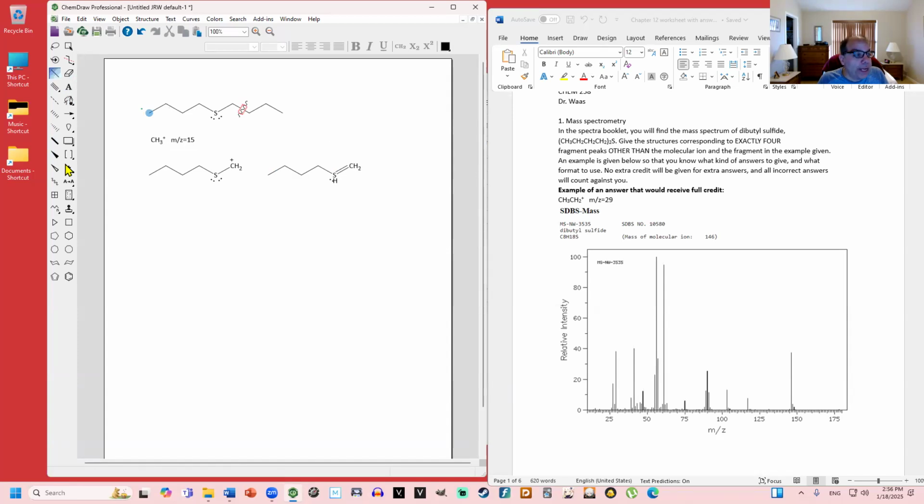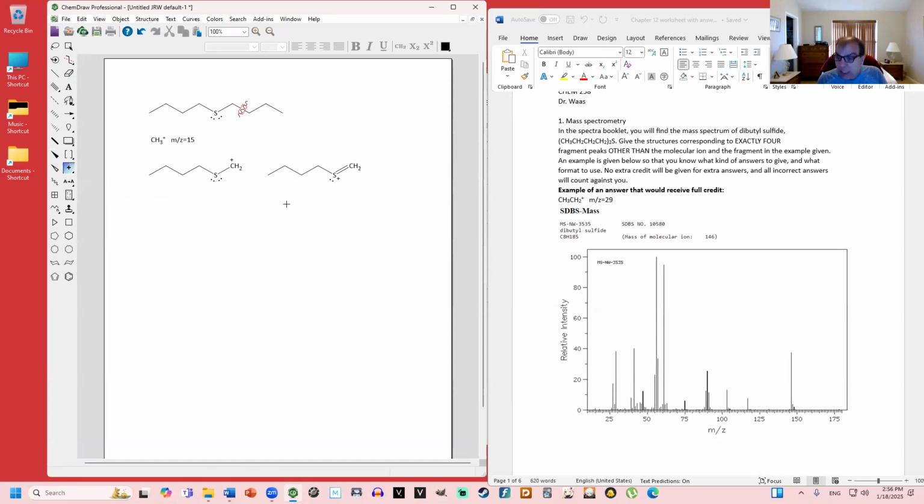And so another way to draw the fragment would be by putting the plus charge on sulfur, like that. You can draw it either way. Both are equally acceptable. Both are equally safe. Neither one of these answers is any better than the other. Pick one. Pick exactly one.